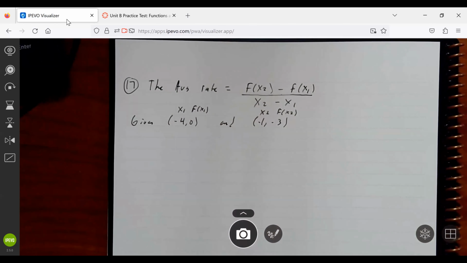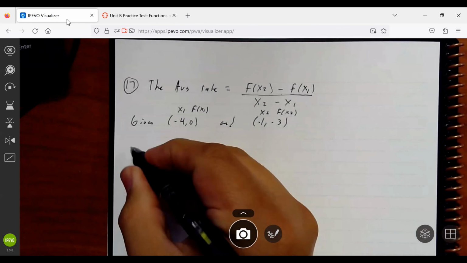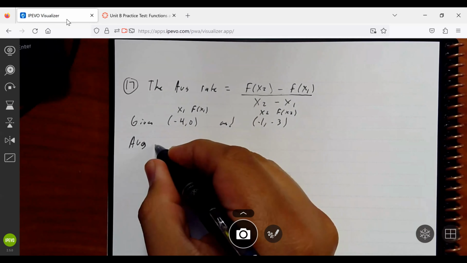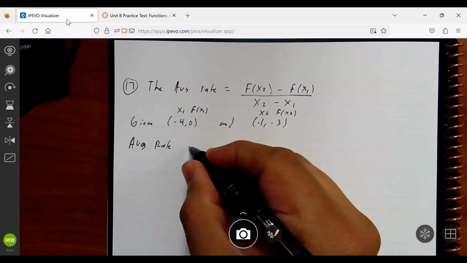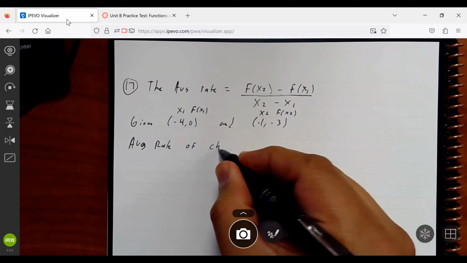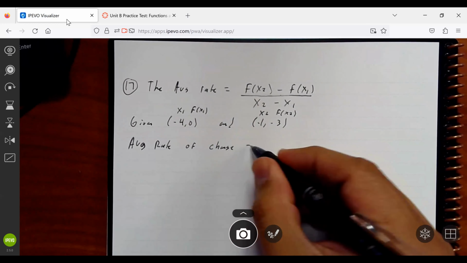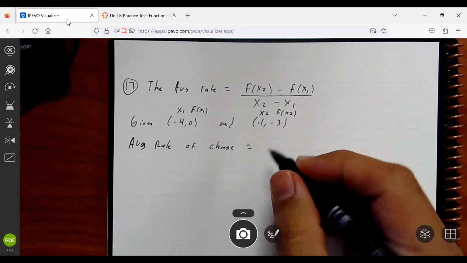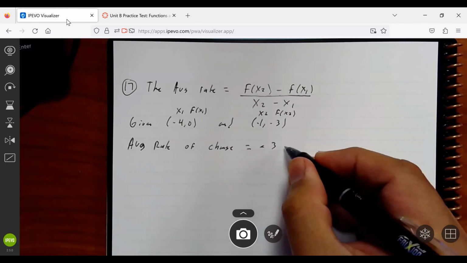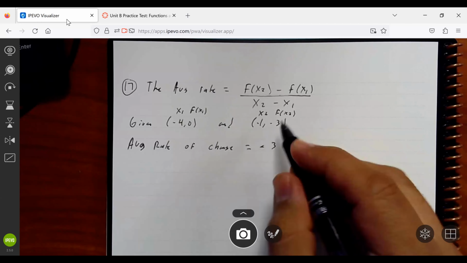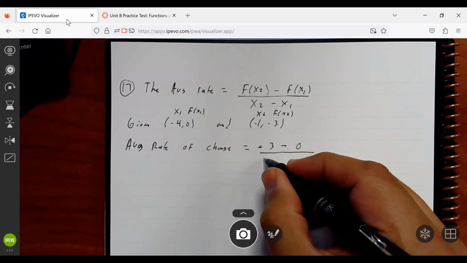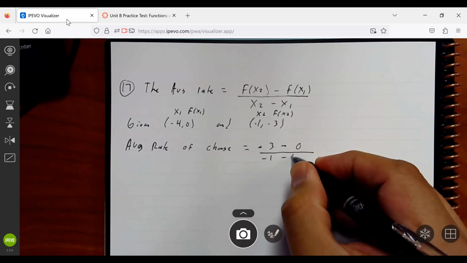Does that make sense? All right, so just plug it in. -3 minus 0 over -1 minus -4.